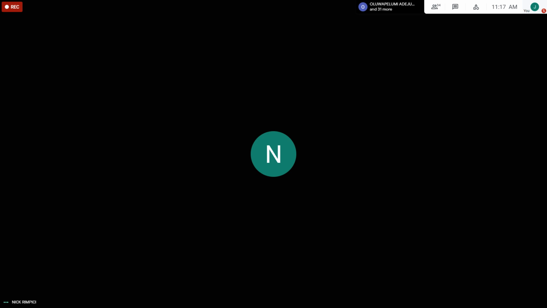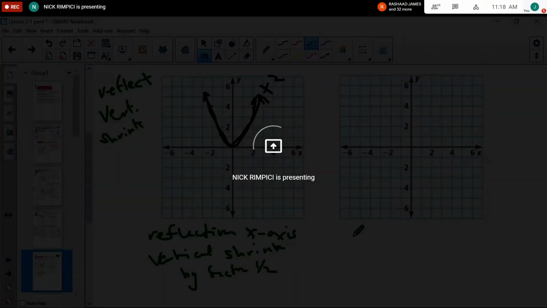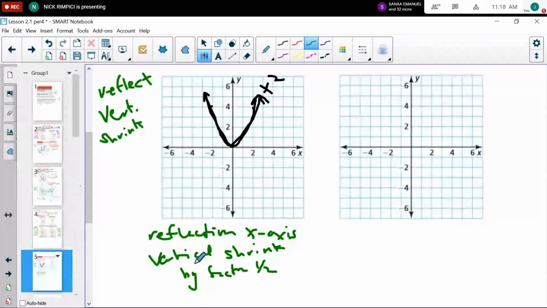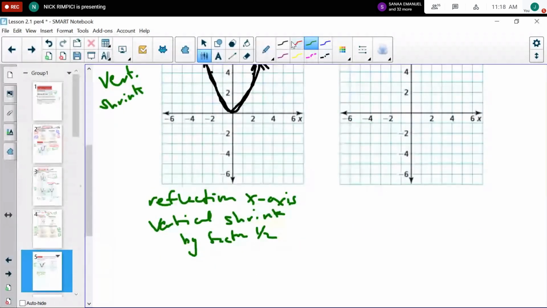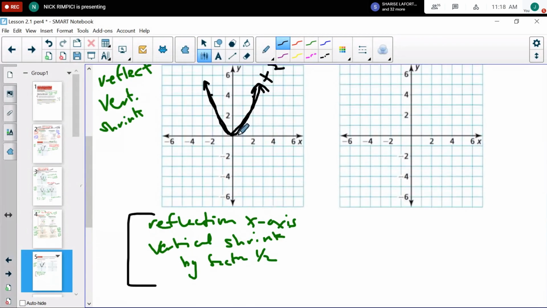Okay, and I put my prediction on the side here, and this is the actual answer here. What we saw was a reflection in the x-axis, followed by a vertical shrink of a factor of a half. Okay, that's what happened, and I'm going to try to graph this as best I can.